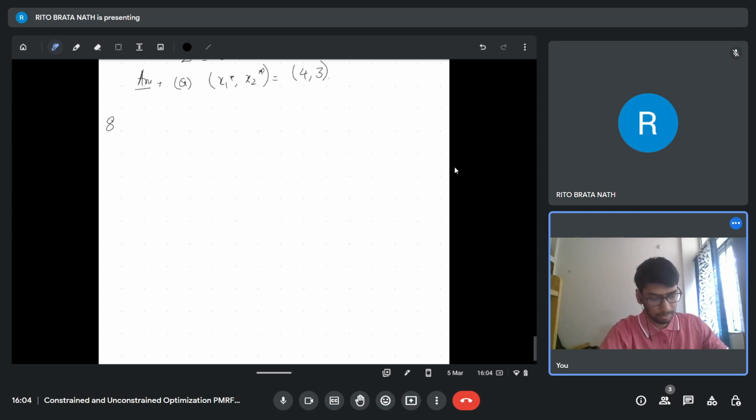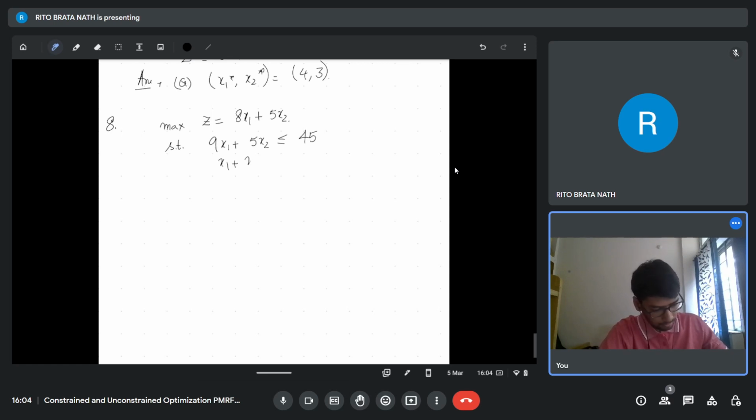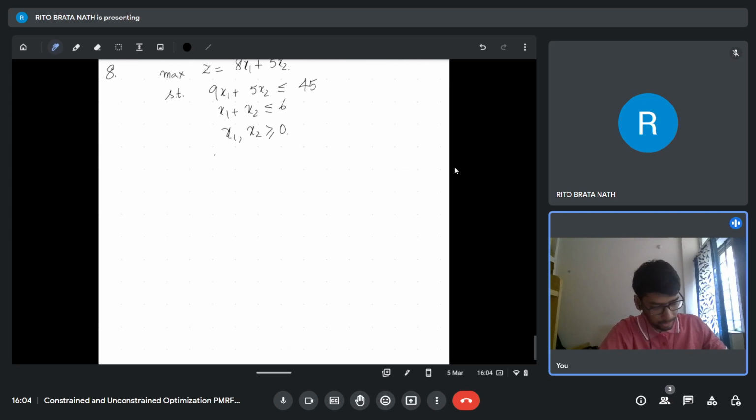Okay, so the eighth problem is maximizing z equals 8x1 plus 5x2 subjected to the constraint 9x1 plus 5x2 less than equals 45, x1 plus x2 less than equals 6, x1, x2 greater than equals 0, and finally x1, x2 are integer.